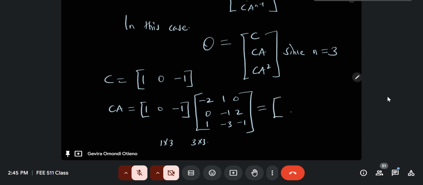So we should get a 1 by 3 matrix here. To get the 1 by 3, we'll have this multiplied here. That is minus 2, minus 2, minus 1, which is minus 2 plus 1, which is minus 2, minus 1.